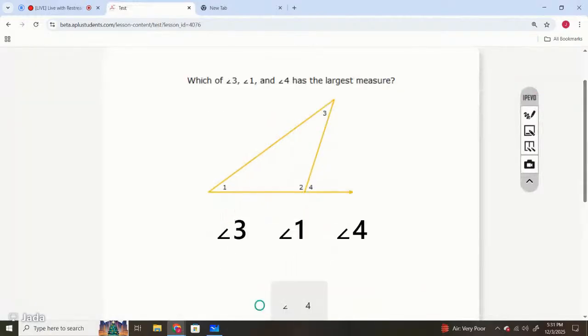Which of the angles, angle 1, angle 3 and angle 4, has the largest measure?